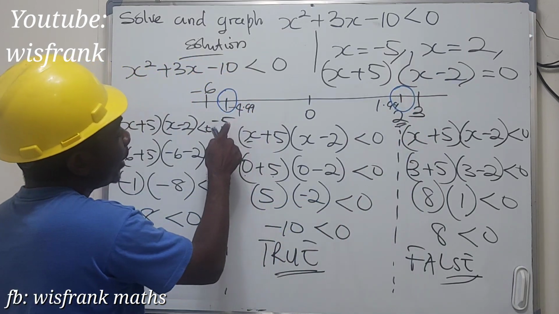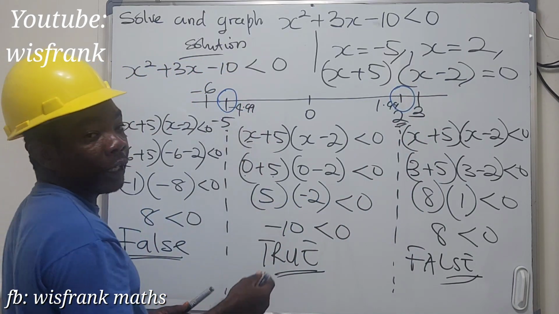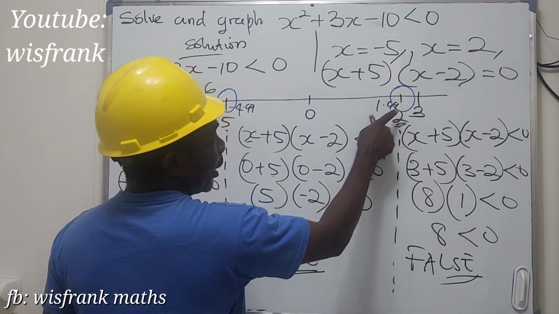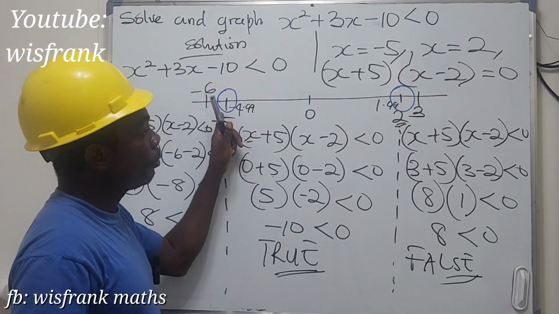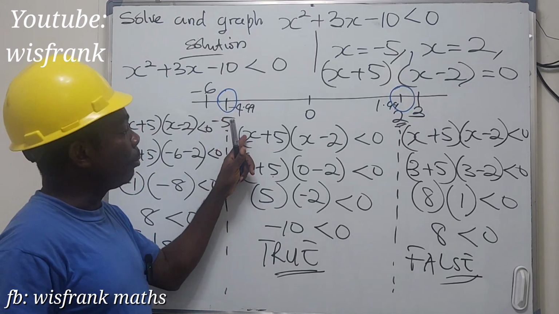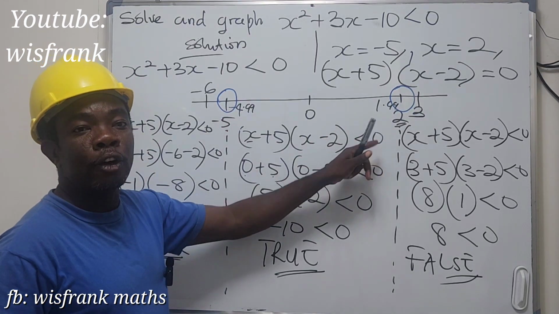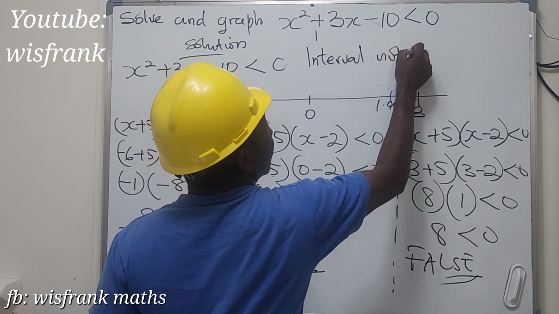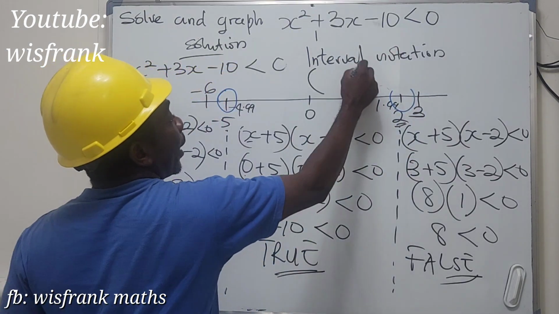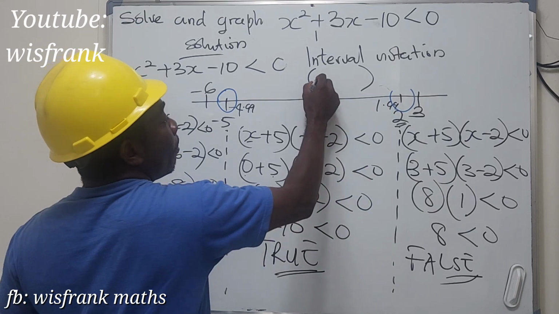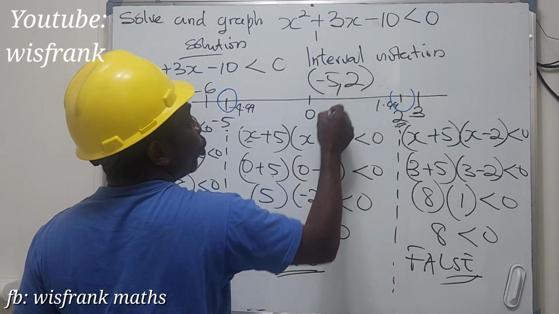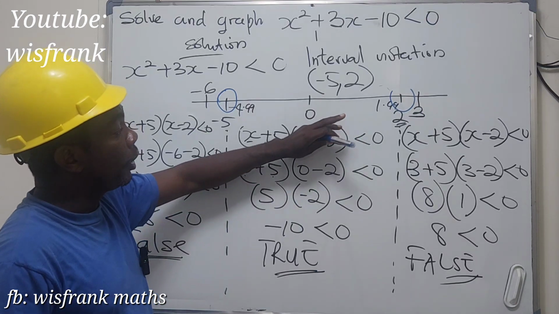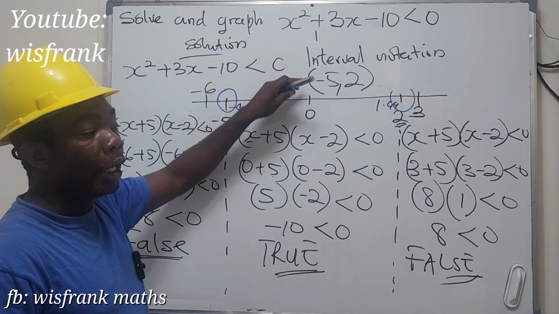The values of x that are true lie between this point and this point, and the circles are open because these points are not inclusive. Therefore, our interval notation is a parenthesis with -5 and 2.